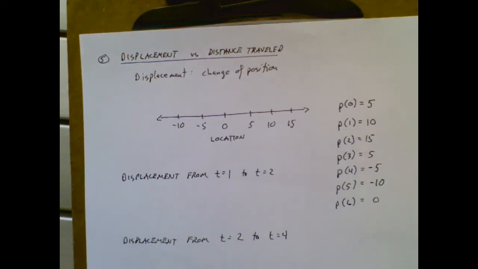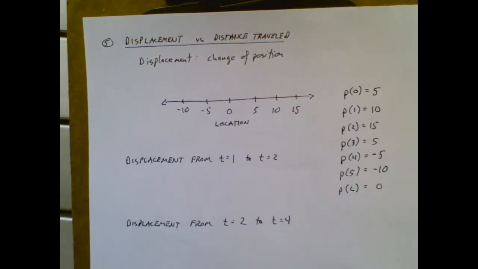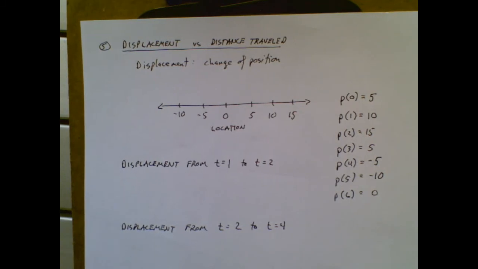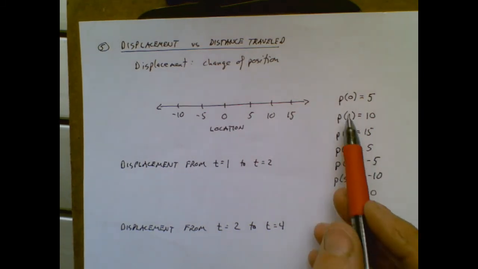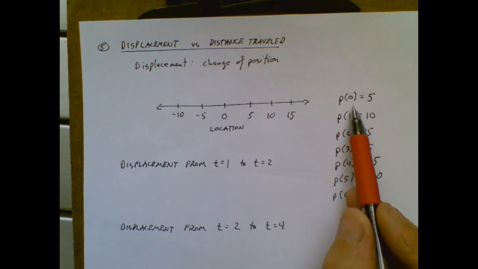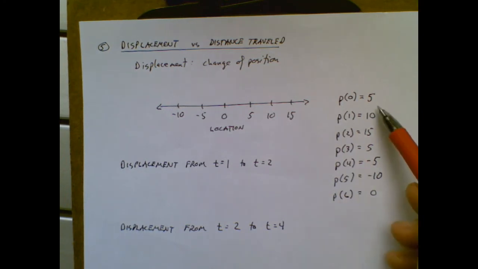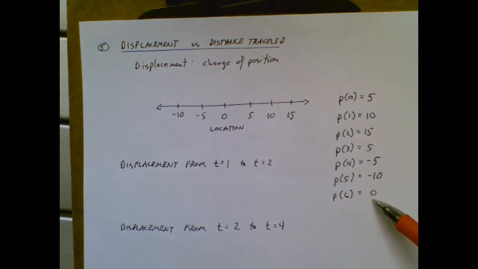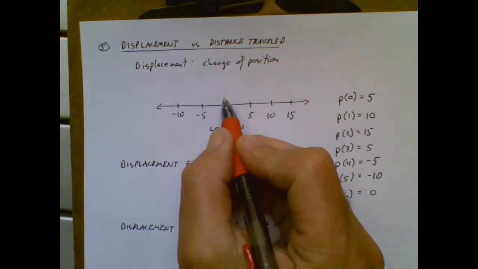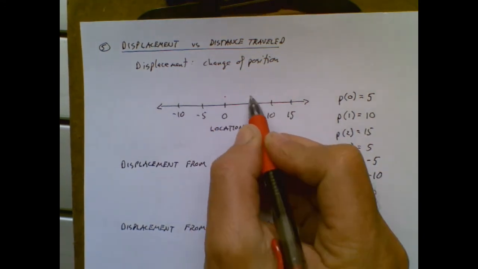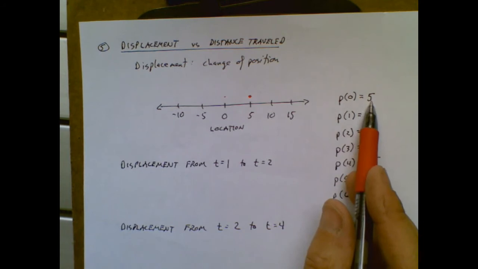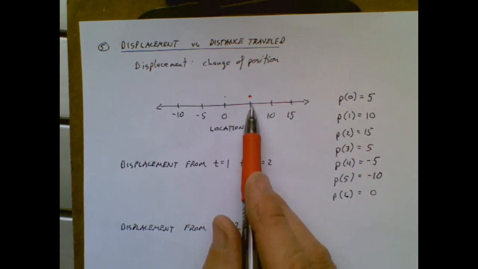So the last item, I'm making up a new example, so you can kind of ditch the old examples for a while. We don't know the equations, but we know these are the positions at various times. At time 0, the location is 5.